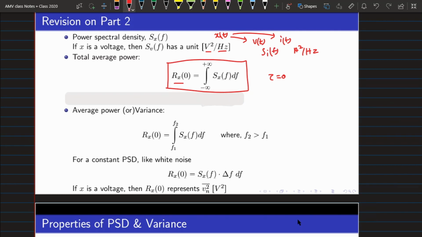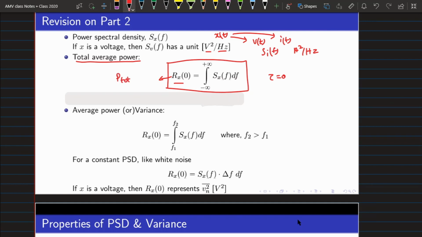When this integral is run from minus infinity to plus infinity over the entire frequency band, the autocorrelation function represents the total average power, and in short we can write it as P total.